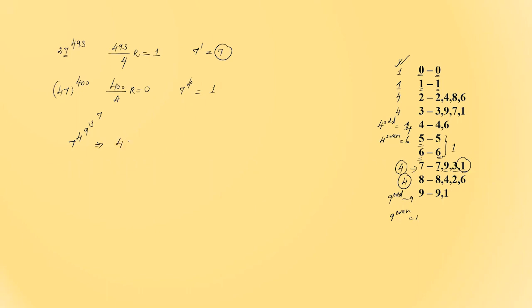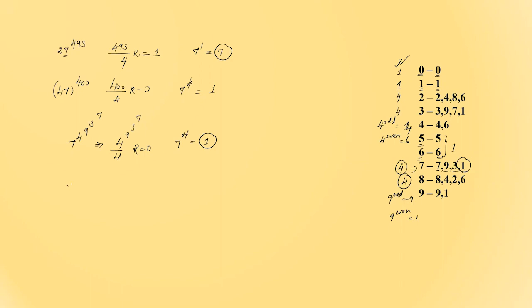I take the power 4 to the power 9 to the power 3 to the power 7, and now I divide it by the cyclicity. What is the cyclicity of 7? The cyclicity of 7 is going to be 4. Now I know that this 4 to the power something is a multiple of 4. A multiple of 4 divided by 4, the remainder is going to be exactly 0. So the power is a multiple of 4. So I directly take 7 and raise to the power 4. I get a unit digit of 1. That's it. As simple as that.